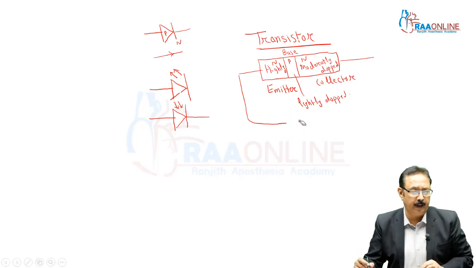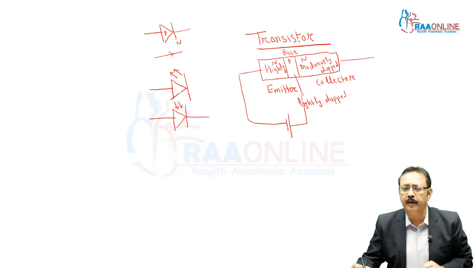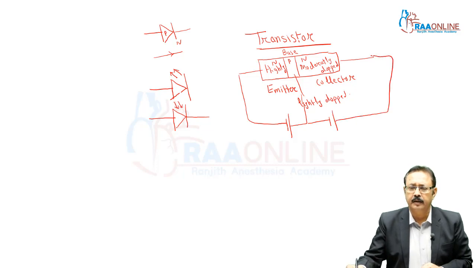Forward biasing means we are connecting N with N and P with P. And the collector base junction is always in reverse biasing, meaning N with P. This junction is always in reverse biasing, and this junction is always in forward biasing.